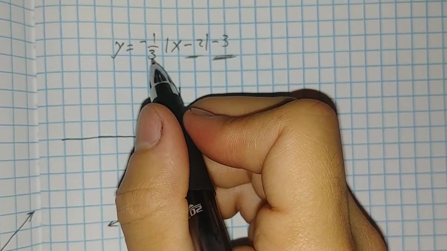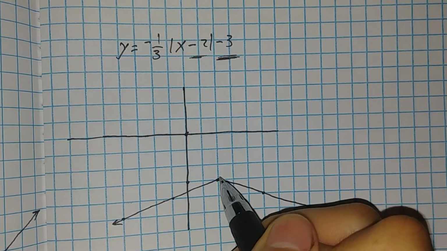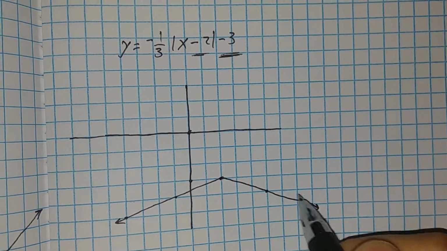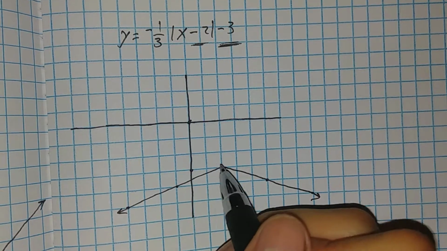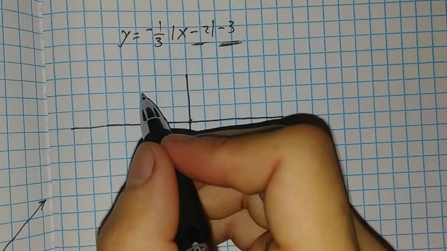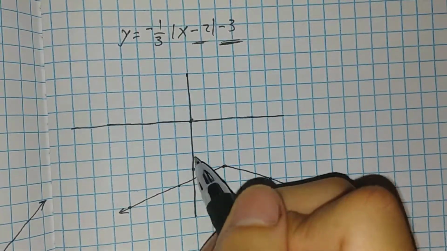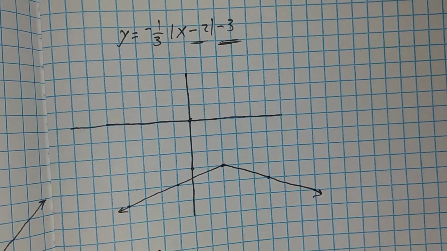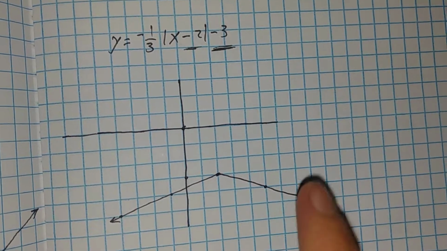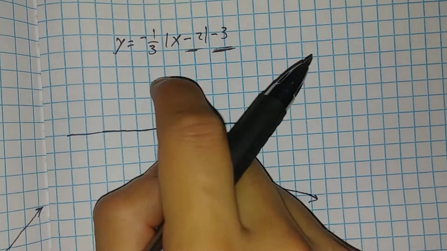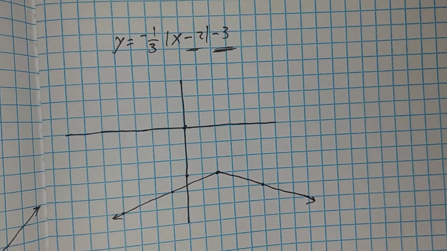This is a slope of 1 over 3, so 3 over 1, 3 over 1 each time. How did I know to count the 3 overs and 1 down? Because this was negative. I knew my graph had to be upside down. This is an upside down V-shaped graph, and this is the graph of this function.